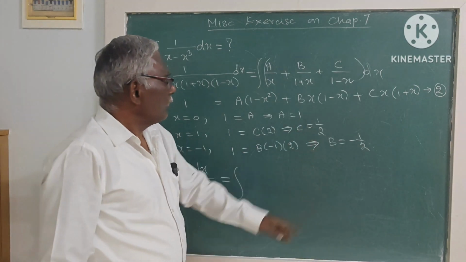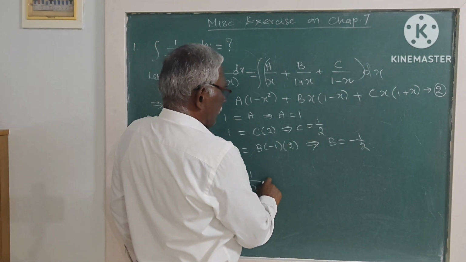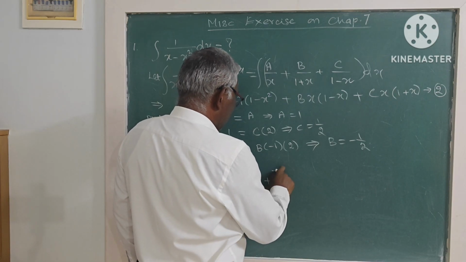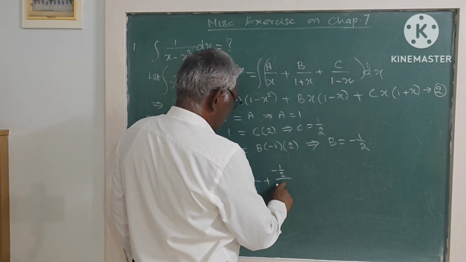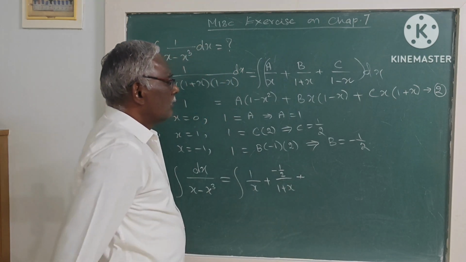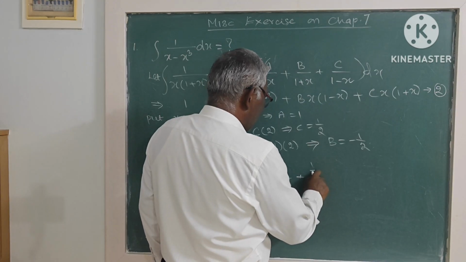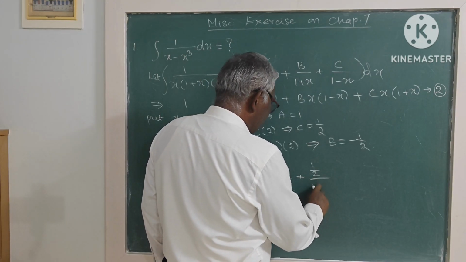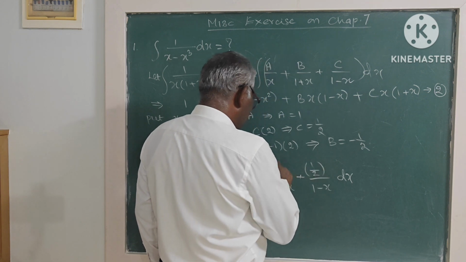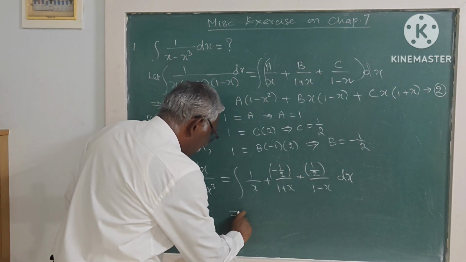Now the value of a is equal to 1, so it will be 1 by x. b is minus half, so plus minus half by 1 plus x, plus c is half by 1 minus x dx. Now we'll simplify this.